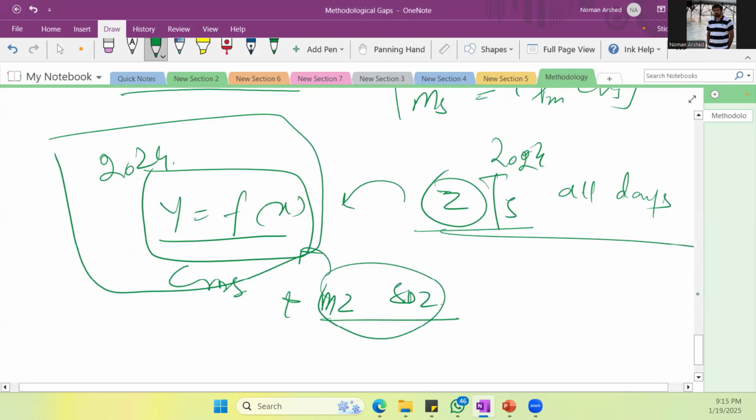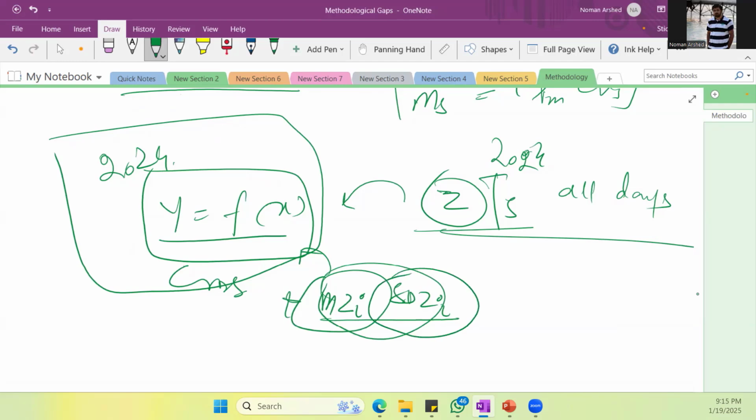So I will say how the mean of Z affects Y. But ideally, it should be mean of Z in each district and standard deviation of Z in each district. So this will show the persistent effect, and this is the deviation effect. So this way you can add time series data on your cross-section data.